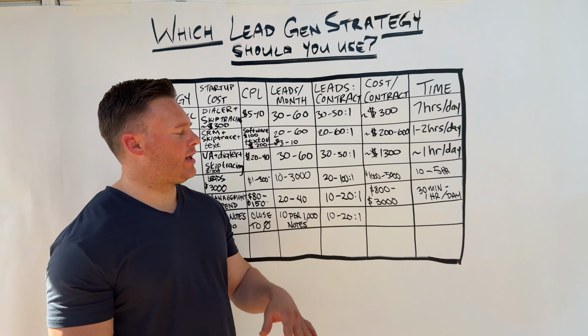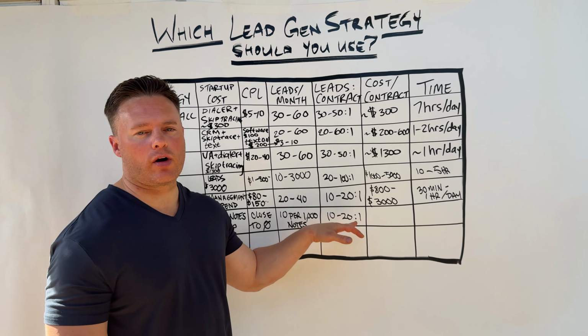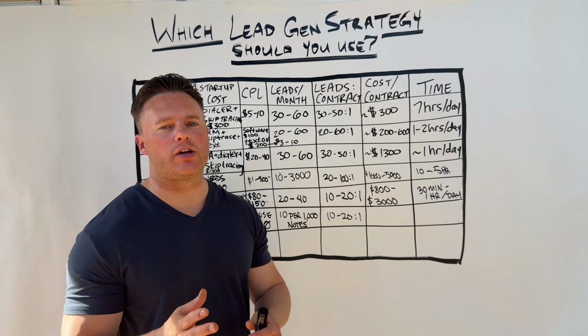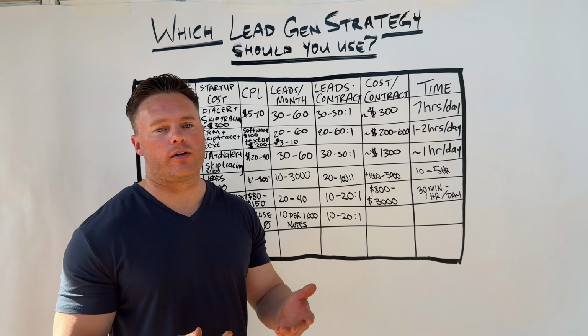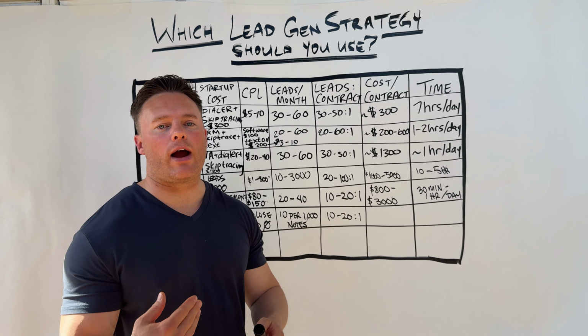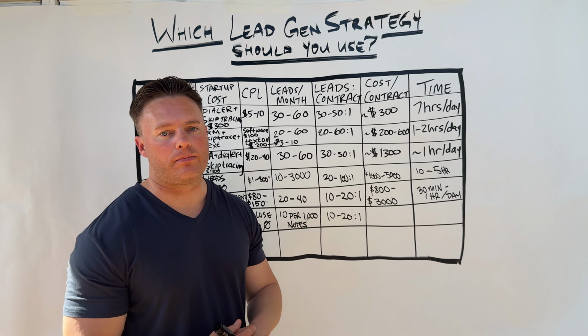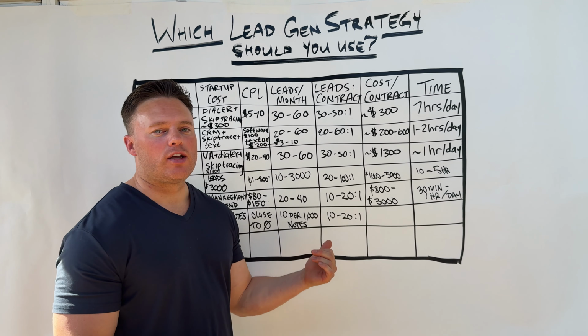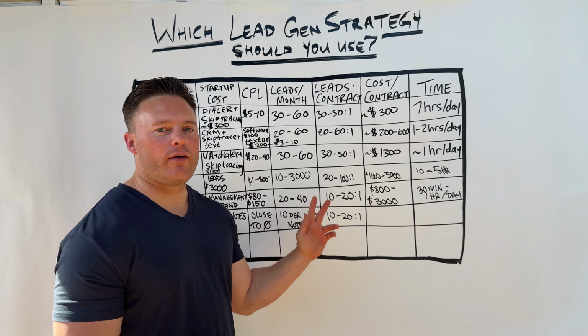So leads we put at 10 to 20 per contract, but let me clarify. These are not just people who call you based on the vague message that you're leaving, which is purposefully vague, right? These 10 to 20 are people who want to hear out a cash offer on their home. So if you're leaving 1,000 sticky notes per month, you can expect one deal every 1 to 2 months.